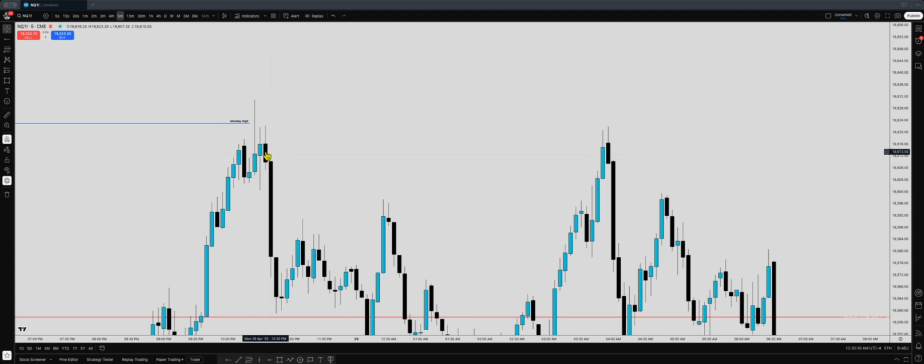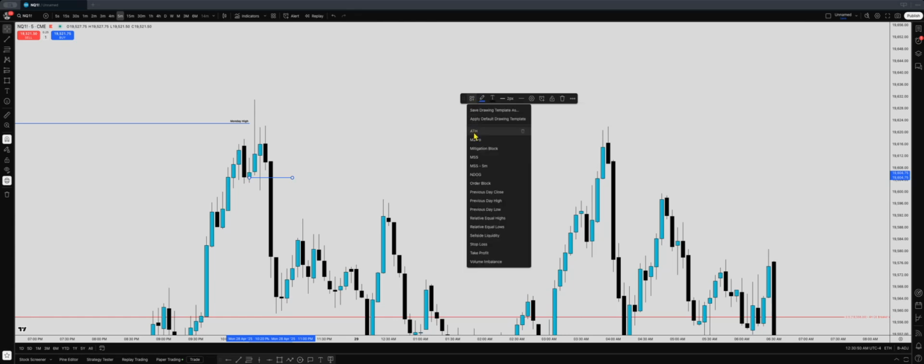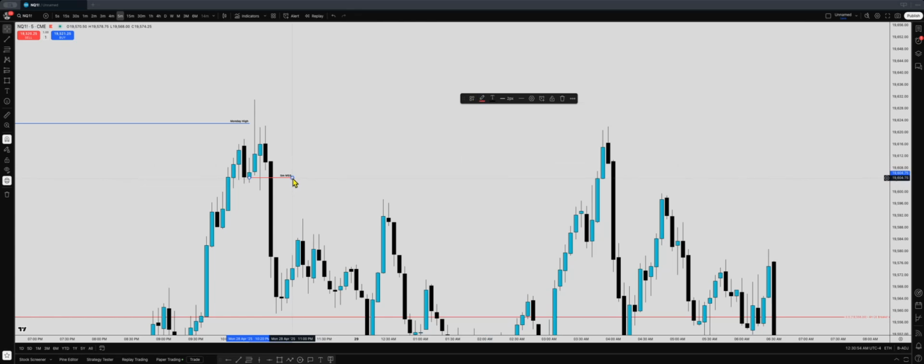And so long as they're consecutive or just one, you really want it to close underneath the very first bullish candle that started that run up. At this point, it would be considered a market structure shift. That's how I qualify it.